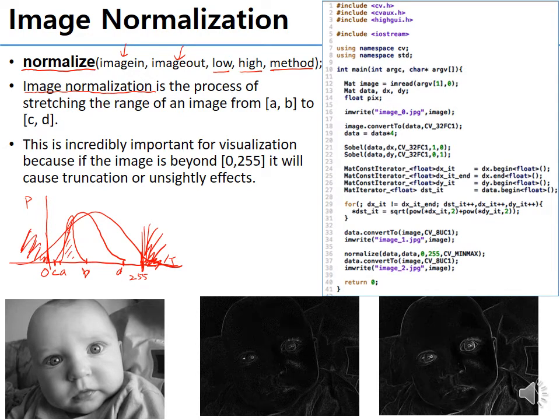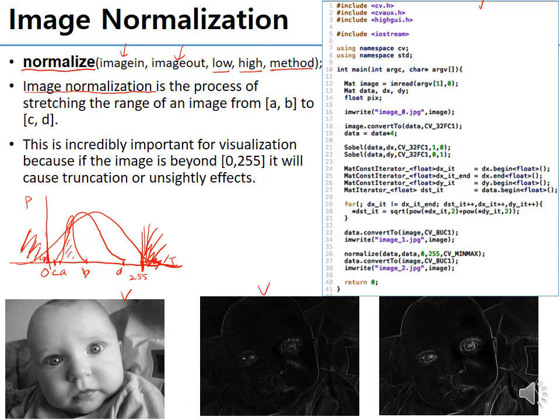So this example code is for normalizing the result of a Sobel edge detector. This is the original grayscale image, and they detect the edge of this baby's face using the Sobel edge detector.